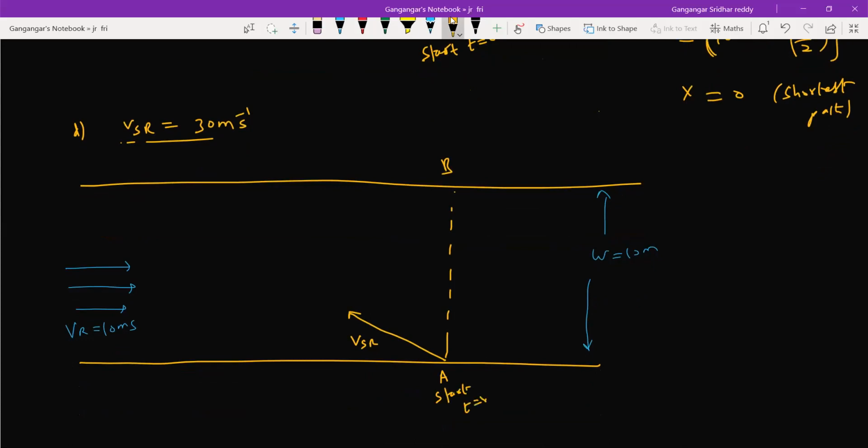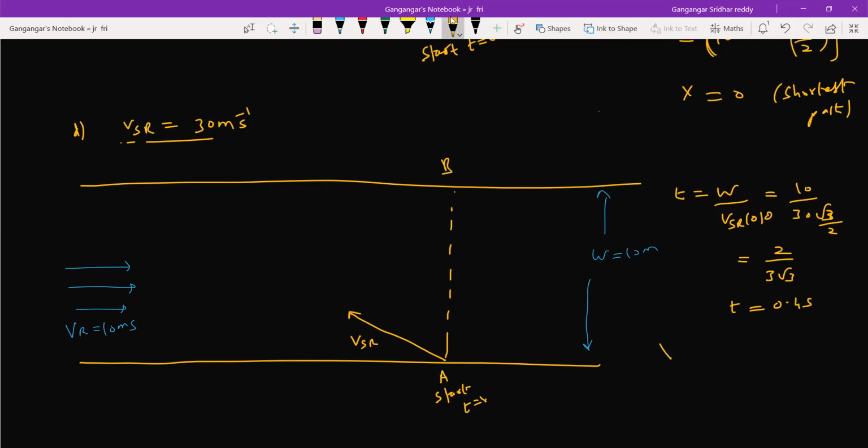We'll start at point A, t equal to 0. Okay, as usual, t equal to W by VSR cos theta, 10 by 30 root 3 by 2, 2 by 3 root 3. Root 3 is 1.7, so 0.4 seconds. Then what about the drift?